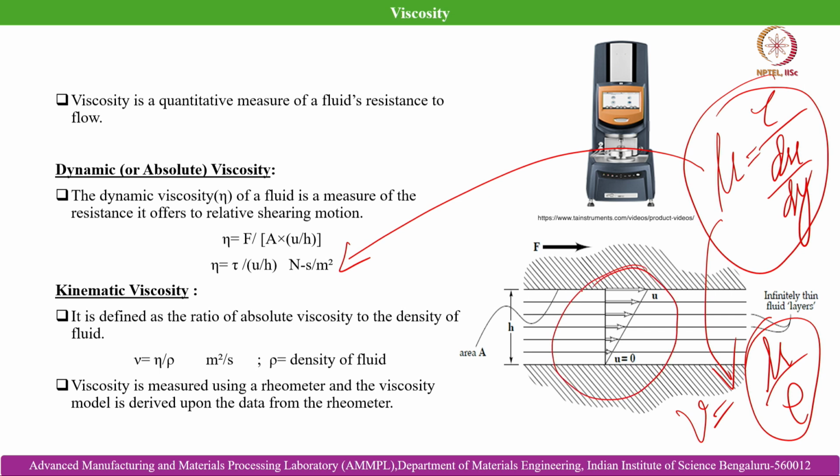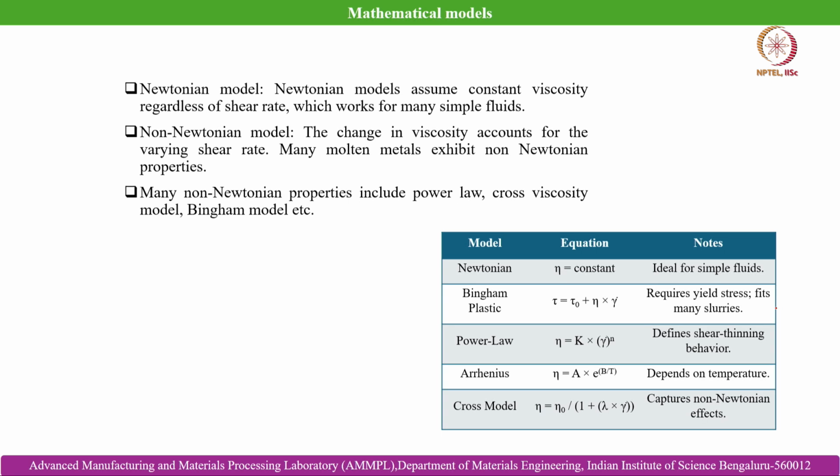You can see a velocity distribution of a typical flow, where the velocity increases as the fluid moves further from the wall. This is because of infinitely thin fluid layers. We will come to that.